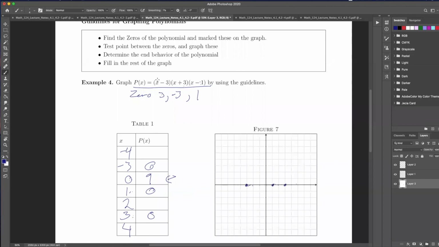Here, if I plug in 2, 2 minus 3 is -1, right? 2 plus 3 is +5. 2 minus 1 is 1, and so I get -5. So here I have 9 minus 5 for -4. So go ahead. I'm on the wrong layer. Of course.